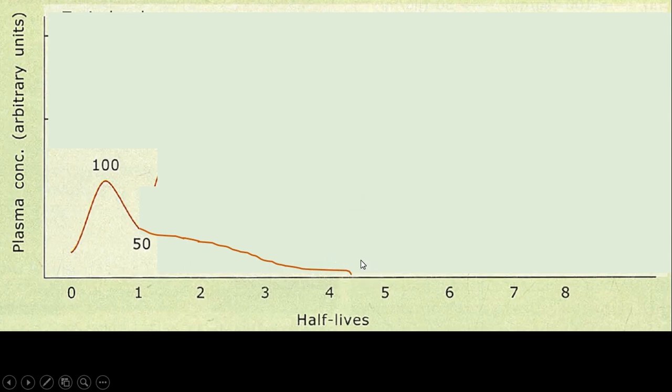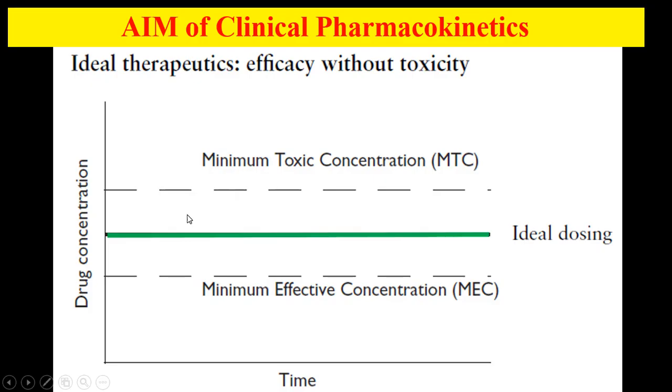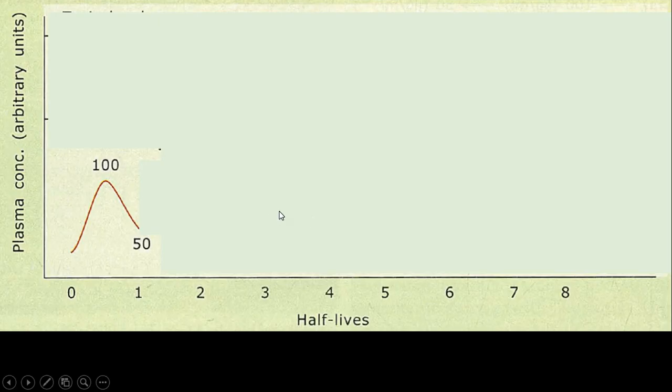In other words, whatever plasma level you achieve, for example 100 microgram per ml, in one half life it will get reduced to 50 microgram per ml, and in another half life it will get to 25.